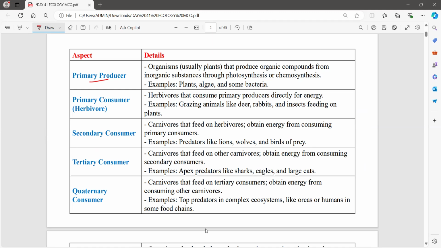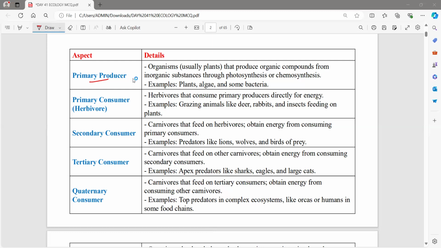Very good. Because with the process of photosynthesis and chemosynthesis, they prepare their own food materials without depending on others. By depending on the abiotic factors, they have the capacity to synthesize their own food. But consumers can't directly produce food; they have to depend on the primary producers.